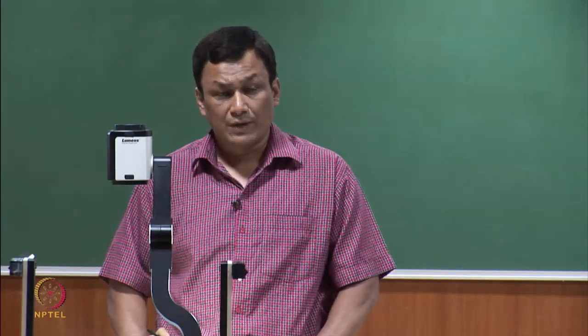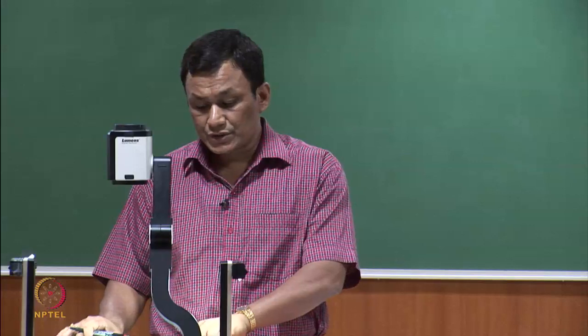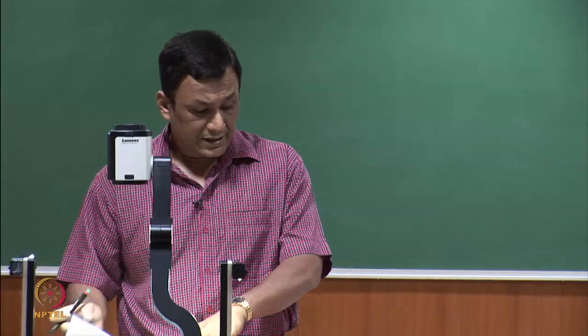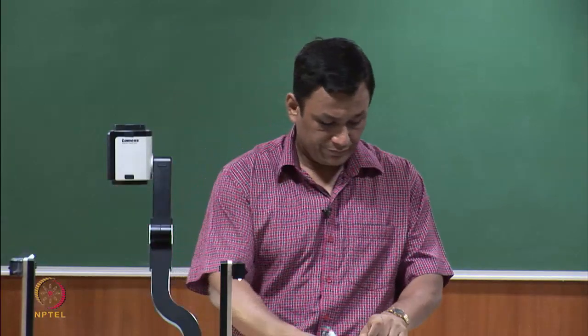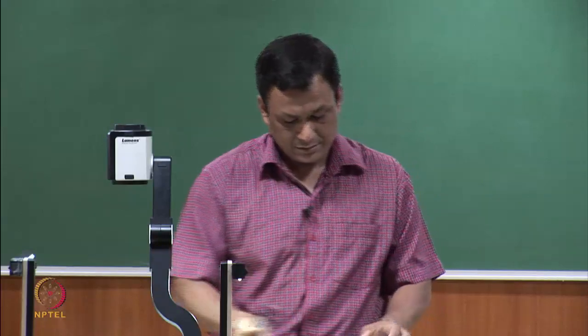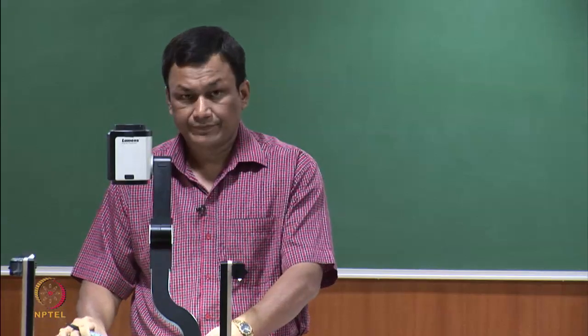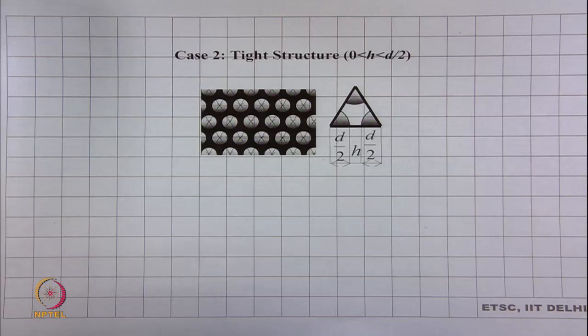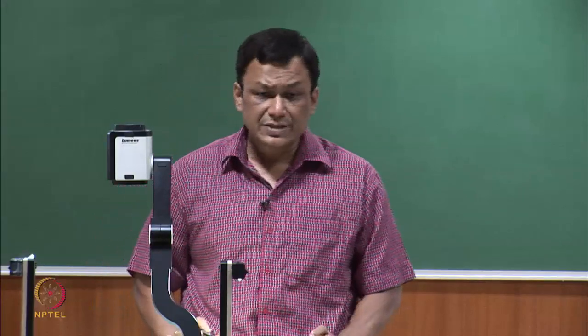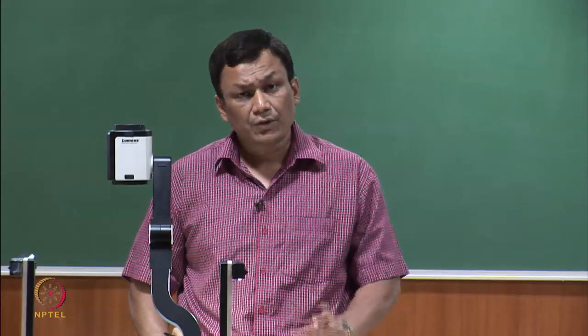So, this was case 1. Now, we will proceed to another case, that is case 2. We call it tight structure or compact structure. How do we define this structure? In this structure, the distance between fibers is small.